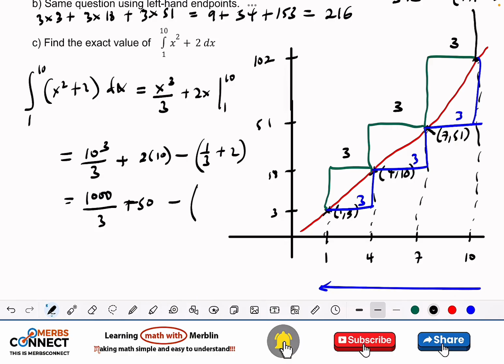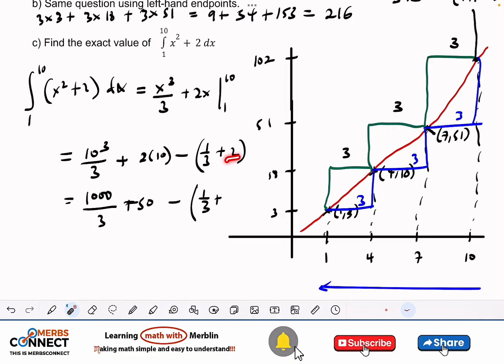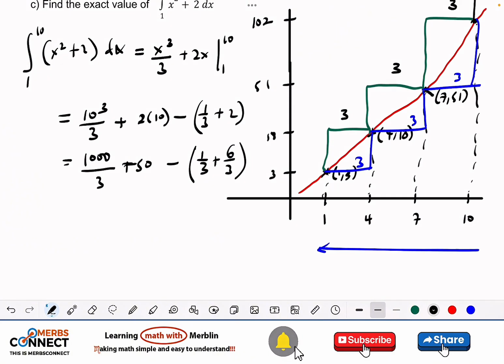Now here is the same as 1 over 3 plus 2. I want this one to have a denominator of 3. So I'll multiply this one by 3, this one by 3. So I'm going to have 6 over 3. Same to this one, 1000 divided by 3. I want to make sure that the 20 is over 1. It's having times 3, so I'll multiply this one 20 times 3.